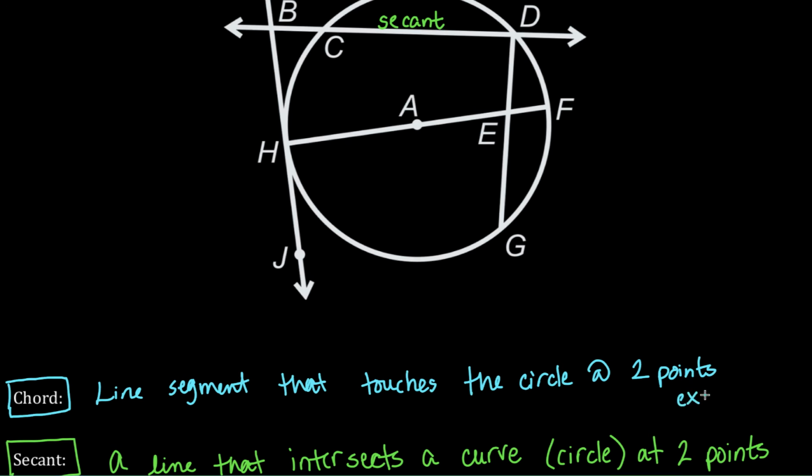And for example, see how CD, that one was a secant, but it's a line, so it keeps going infinitely in both directions. DG would be the chord. I guess I'd do it like this. This is the chord. So DG, or segment DG.